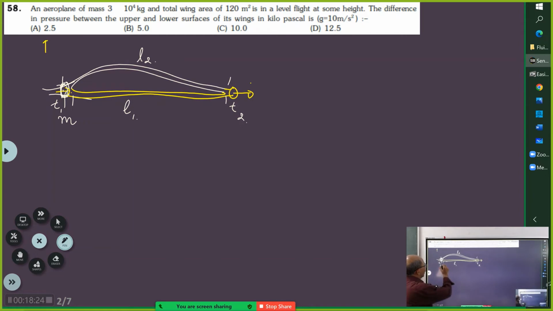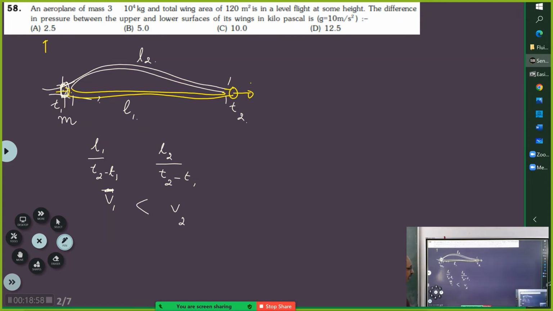So those particles which took this path along L1 will have average velocity L1 by (t2 minus t1), and those particles which went upside will have velocity L2 by (t2 minus t1). I suppose all of you know this. So if I say this velocity is V1 bar and this velocity is V2 bar, I just use speeds, not velocity. So it is very clear V2 is greater than V1, because it has to cover a larger distance in a shorter time.